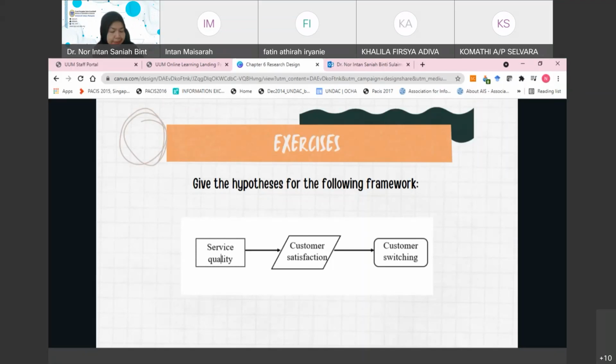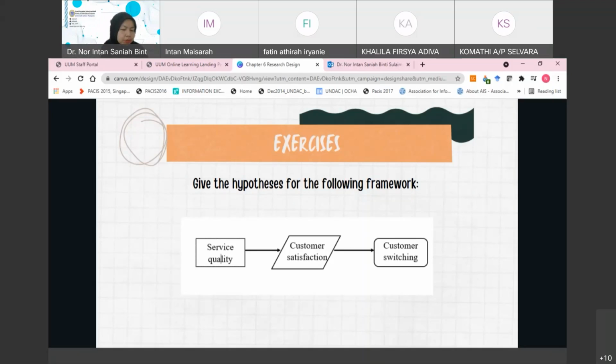Sebenarnya dia ada juga hypothesis testing with qualitative research, which means negative case analysis. Okay, so maknanya kita boleh buat, for example you have extensive interviews, and then you make the theoretical framework, then you can have the function of the dependent variables as well.